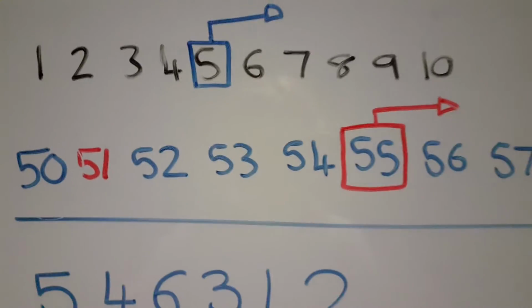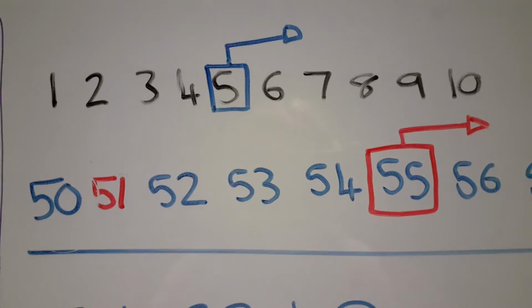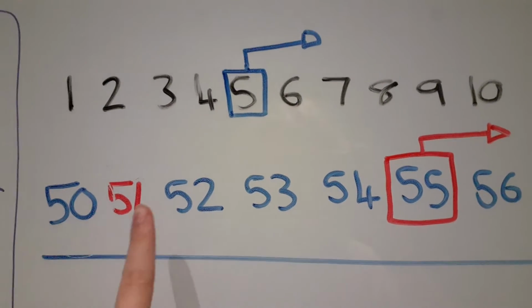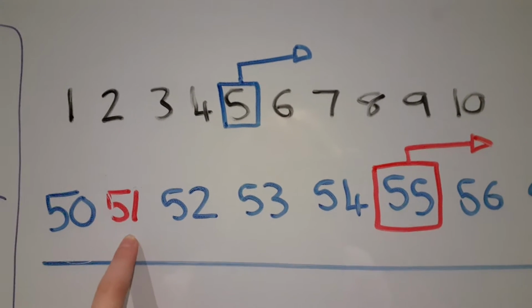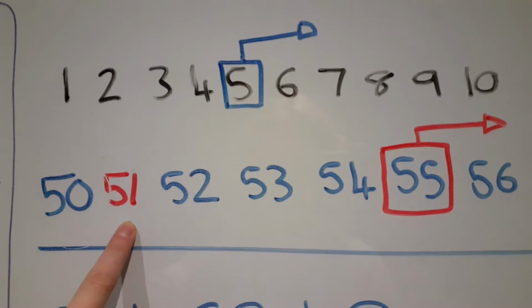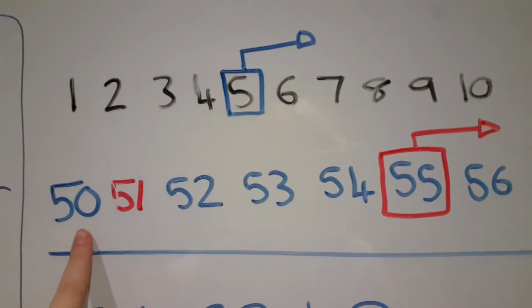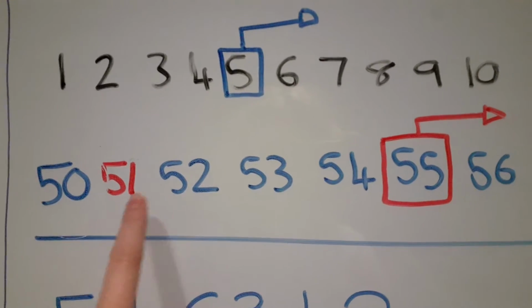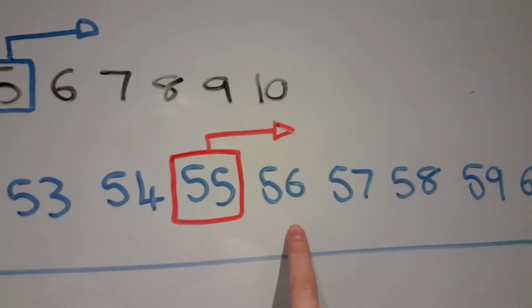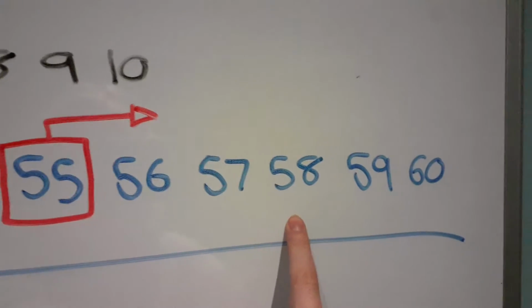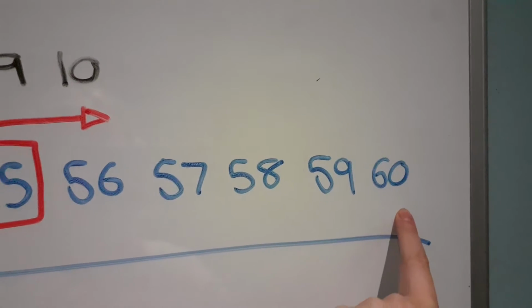So let's use our example, which is in our first activity. It gave us 51, and it says round 51 to the nearest 10. So I wrote out for you 50, 51, 52, 53, 54, 55, 56, 57, 58, 59, and 60.